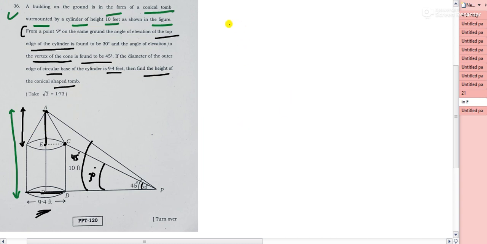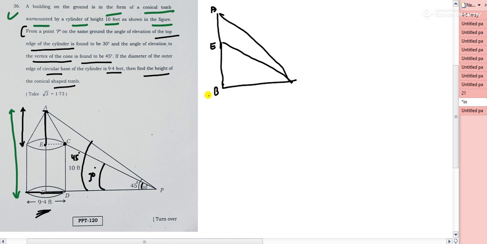So if I draw this figure roughly like this, it will look somewhat like this. I'll name the figure as it's mentioned. This is A, this is E, this is B. If you see, EC is the same as BD, correct?